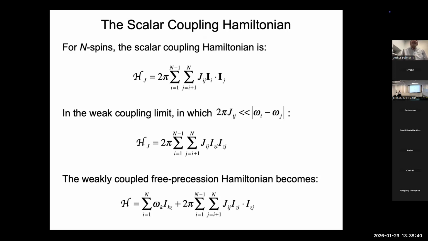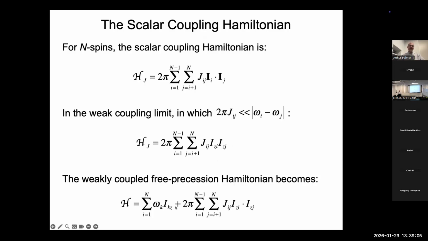At 900 megahertz, there's only a few couplings in the aromatic rings, like in the phenyl ring, that are still in kind of strong coupling limit. Everything else is weak coupling. So we'll only worry about the weak coupling Hamiltonian for a while.